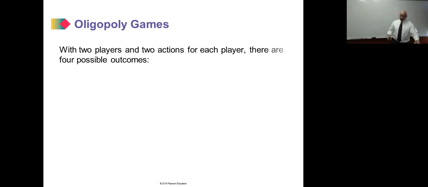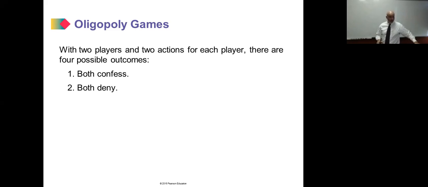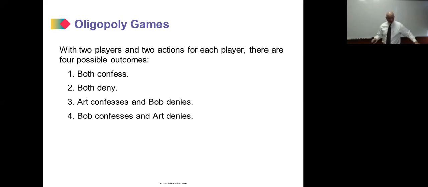All right, we're going to start applying a matrix here. With 2 players and 2 actions, we know there are 4 possible outcomes. Both could confess. Both could deny. Art could confess and Bob could deny. Or Bob could confess and Art could deny.